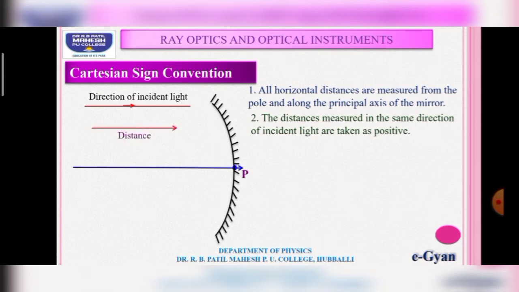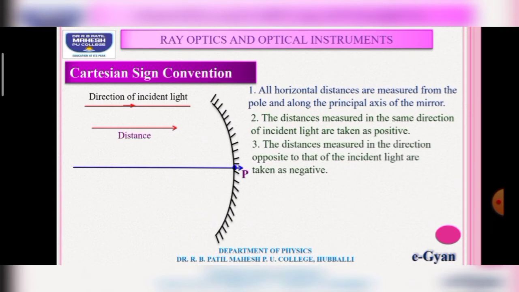Next, all the distances measured opposite to the direction of incident light. See, the direction of incident light is along this direction, and we are measuring the distances opposite to it. Hence, these distances are taken as negative.